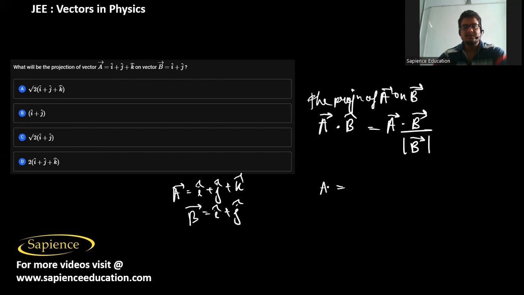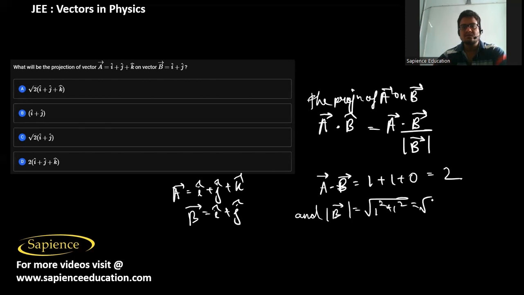So A dot B will be 1 plus 1 plus 0, equal to 2, and the magnitude of vector B is the square root of 1 square plus 1 square, that is root 2.